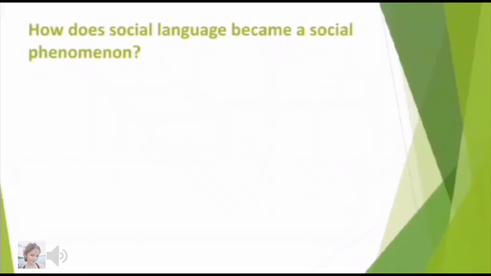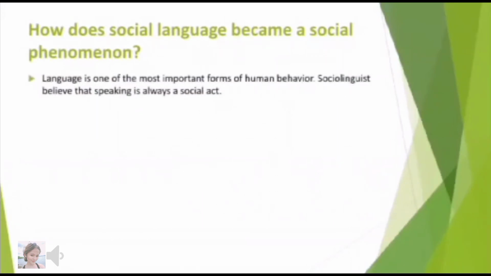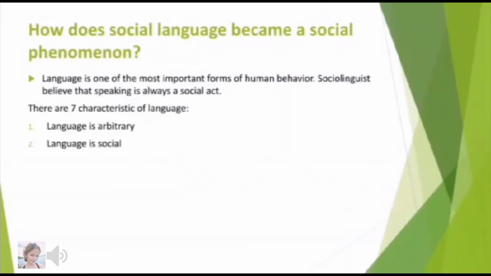How does language become a social phenomenon? Language is one of the most important forms of human behavior. Sociolinguists believe that speaking is always a social act. There are 7 characteristics of language. Number 1, language is arbitrary. Number 2, language is social.